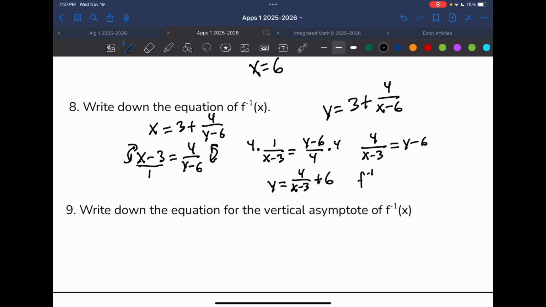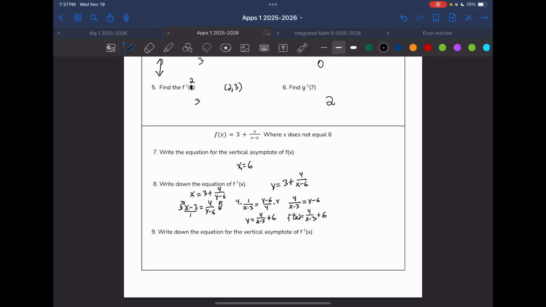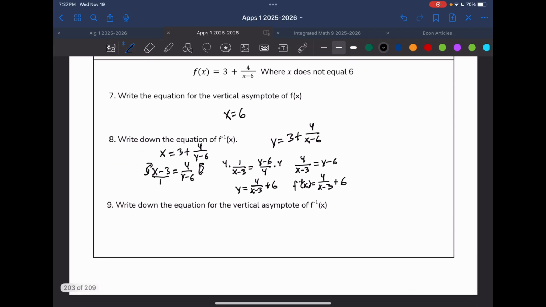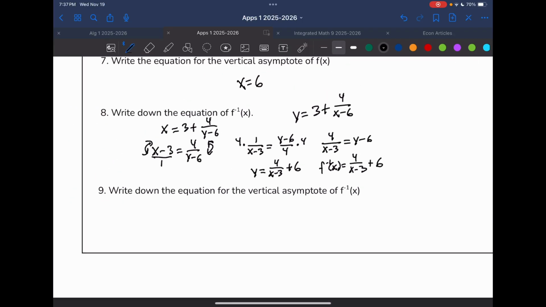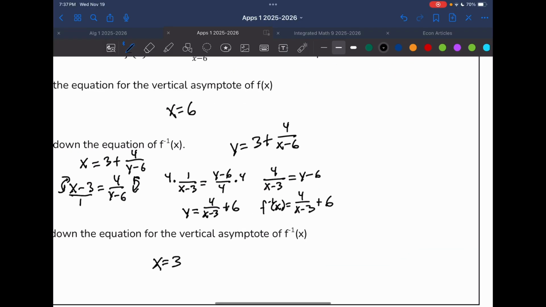So f negative 1 of x is 4 over x minus 3 plus 6. All right, now the vertical asymptote of the inverse function, well, that's going to be x equals 3, right? That's what makes this denominator 0.